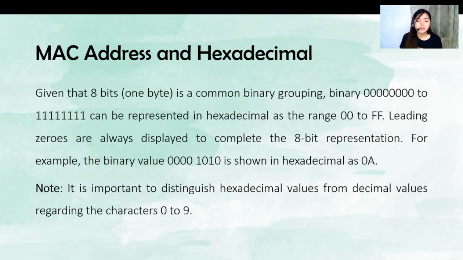For example, the binary value 00001010 is shown in hexadecimal as 0A. Note that it is important to distinguish hexadecimal values from decimal values regarding the characters 0 to 9.